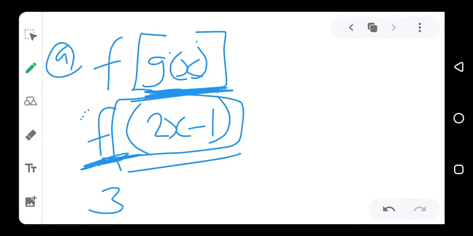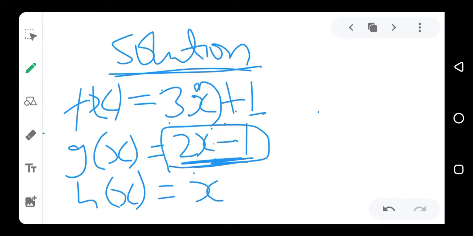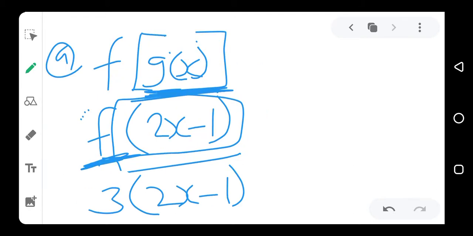So it becomes 3 brackets 2x minus 1, plus 1. So this becomes f of g: 3 brackets 2x minus 1 plus 1.